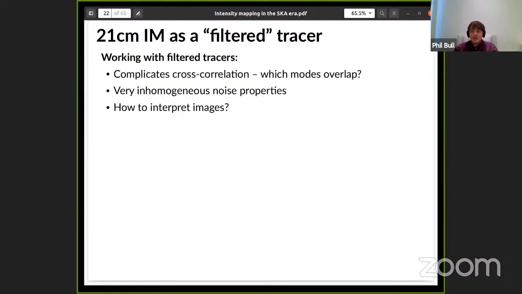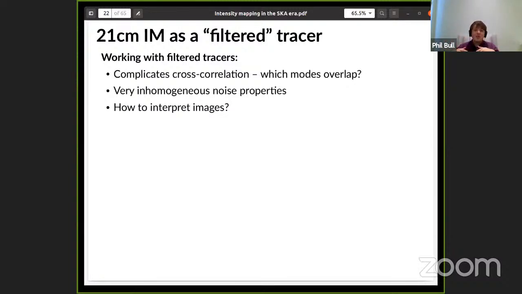And if you want to make images from this data, you have a real problem with how to interpret those, because if you take an image, you Fourier transform it, you remove all of the very large scale smooth structure, and then Fourier transform it back, you get something that looks very weird. You've kind of missed all of the large scale properties, but you can still see the fine details.